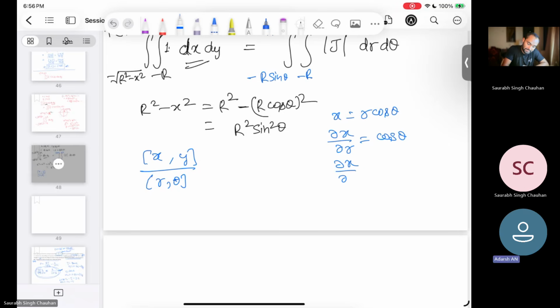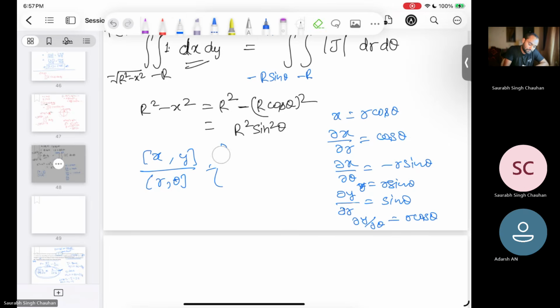The partial derivative of x with respect to theta will be minus R sin theta. y was R sin theta, right? So the partial derivative of y with respect to r will be sin theta, and the partial derivative of y with respect to theta will be R cos theta.